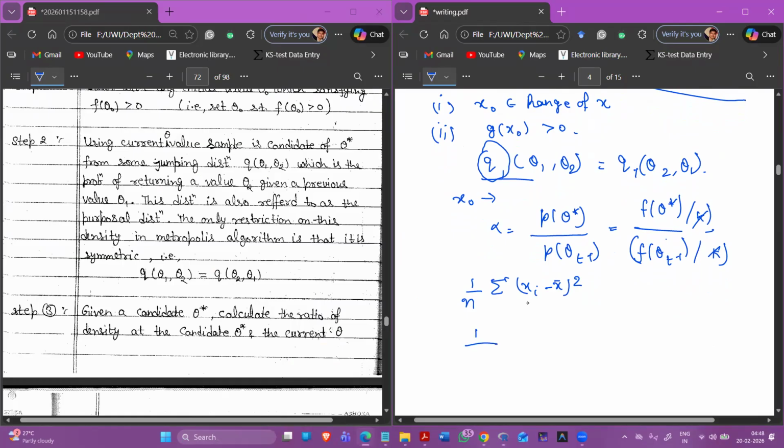But R takes the formula 1 upon n minus 1 summation xi minus x bar whole square. That is the problem in the direct var command. If you want to find the exact variance, you need to multiply var of x by n minus 1 and divide by n. After that, you will get the exact variance.